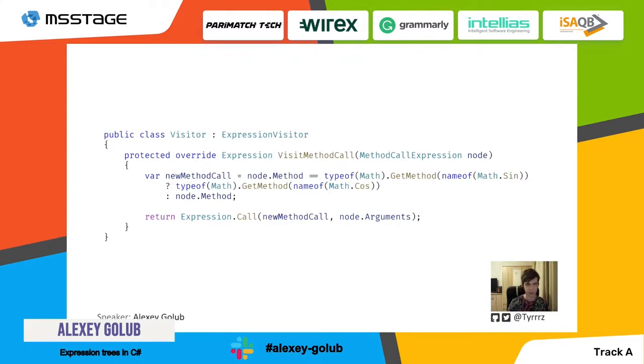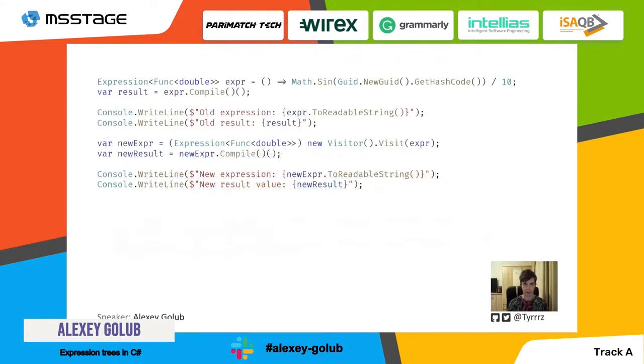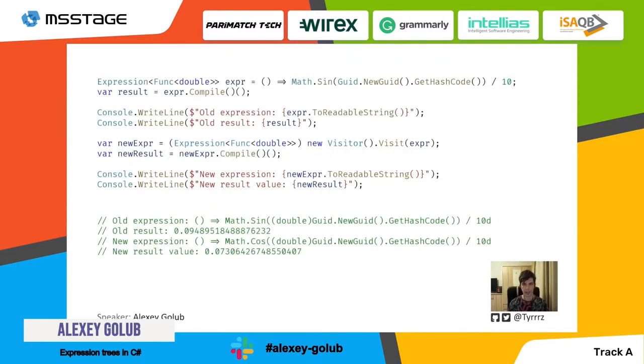And again, the first time I run the expression normally, where we have this convoluted expression from the previous slide, we get some result, and we can see that if we use the readable string, we will get the exact thing that we wrote. But when we use the visitor that we created and run it on that expression, we get a completely different expression where the sin is actually replaced by cos.